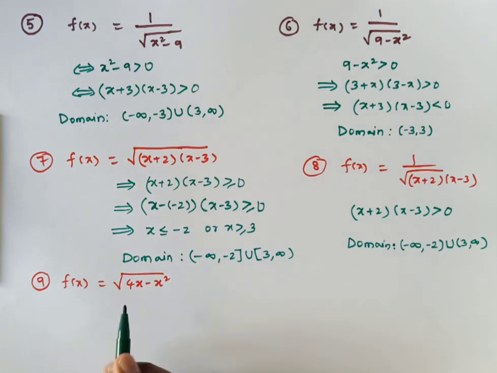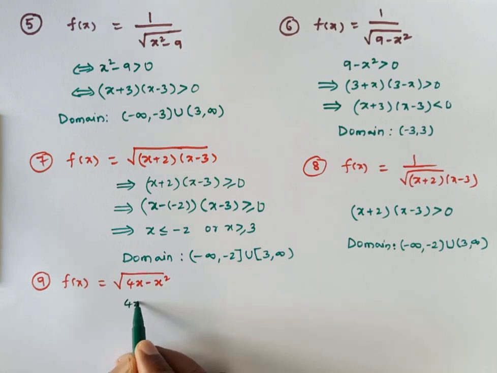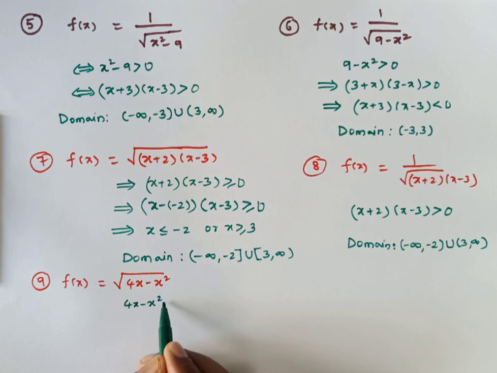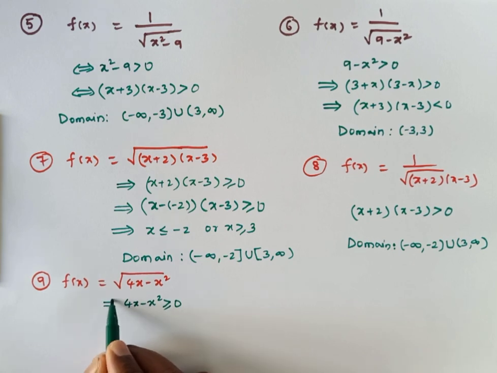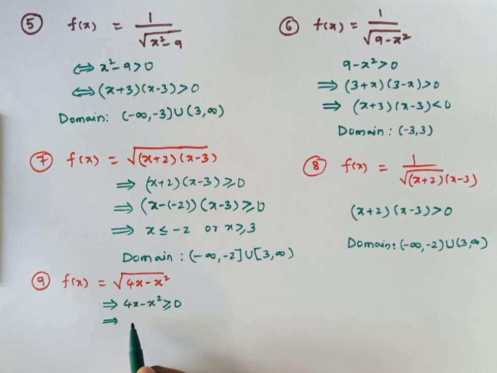Okay. Now here what is the something? 4x minus x square is there. Now so first, 4x minus x square is greater than or equal to 0. 0 is also no problem, right? 4x minus x square is greater than or equal to 0. Now here x is common. X times of 4 minus x is greater than or equal to 0.